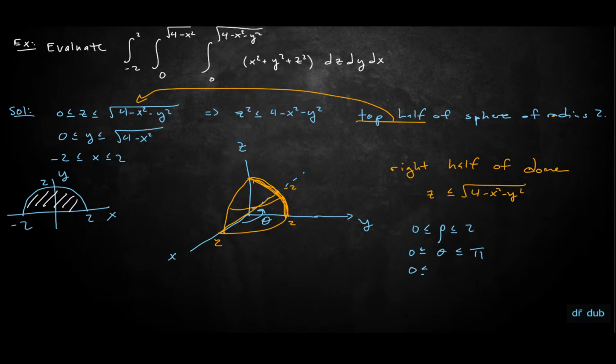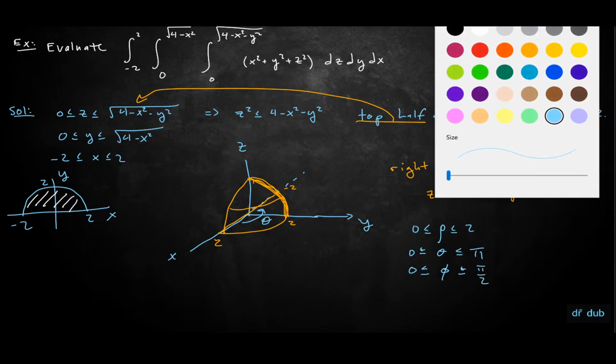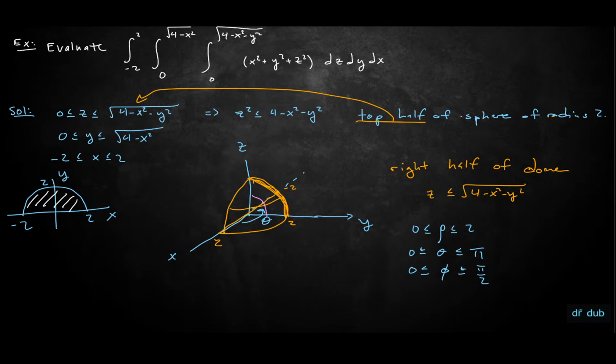And phi is only going from 0 to pi over 2. So don't forget phi comes off the z-axis. So it's from 0 to pi over 2 for phi.